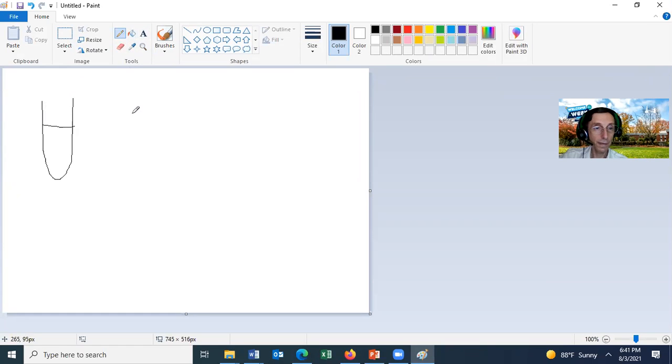You can also have the agar growing on a slant, in which case you grow the bacteria on the slant.